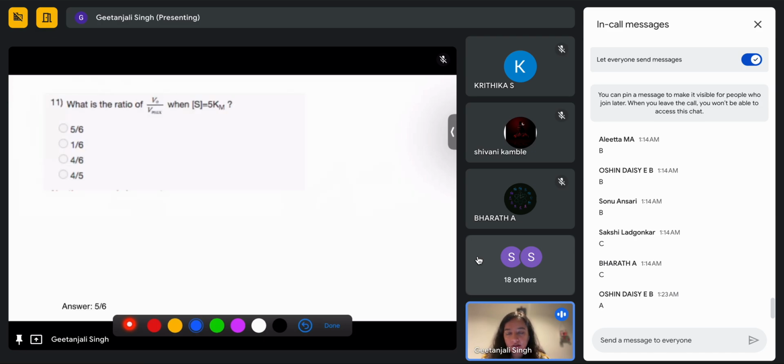Now let's solve this question. What is the ratio of V naught by Vmax when substrate concentration is equal to 5 times Km?